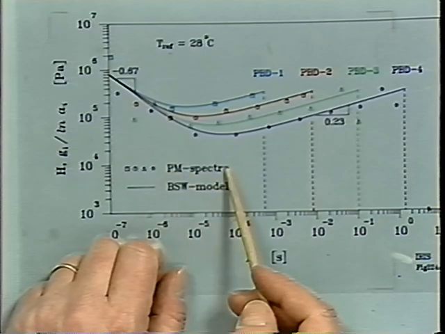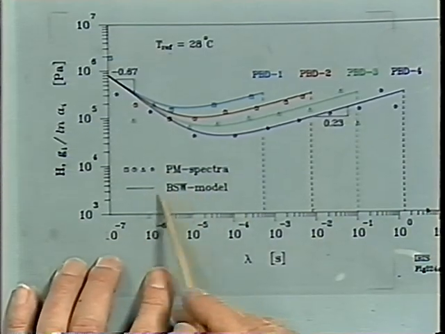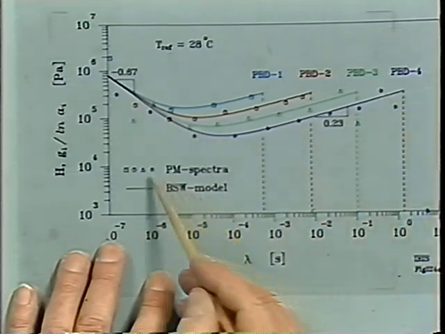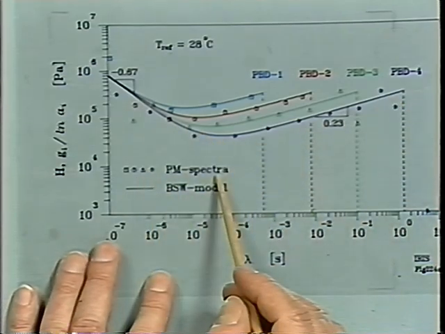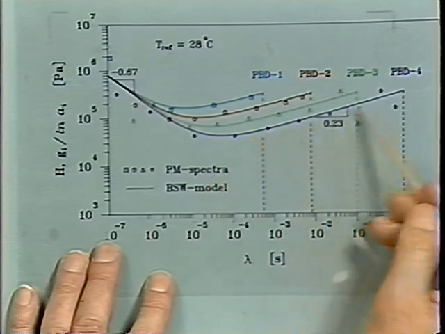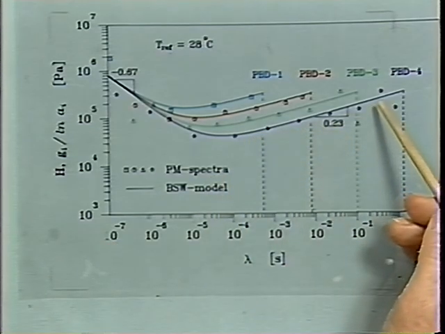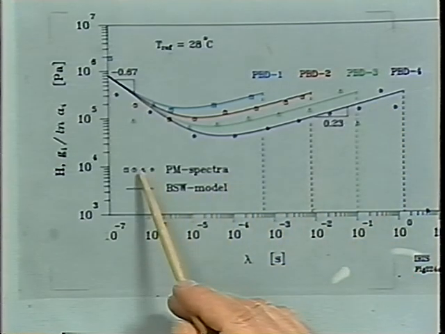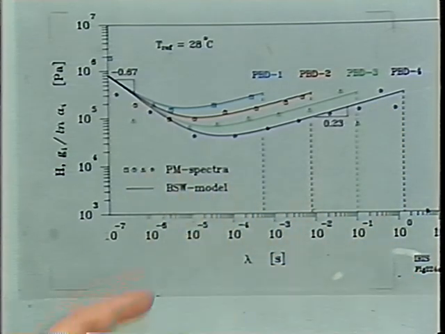So that was the starting point. But now, since we know the BSW model, since we know this general shape, we don't really need the parsimonious model anymore. We can use that spectrum directly. We're independent of the conversion method now. But still, it's nice to compare the two approaches. It gives us more confidence about the parsimonious model.